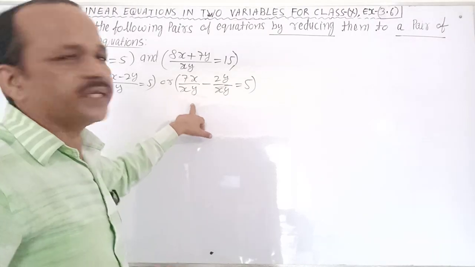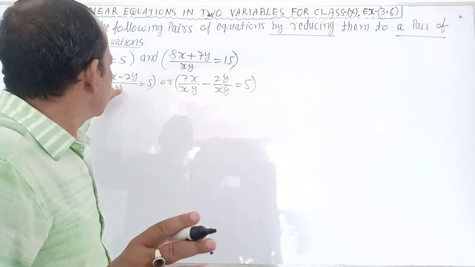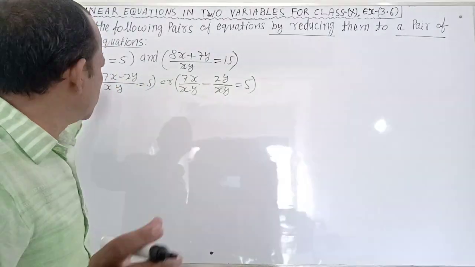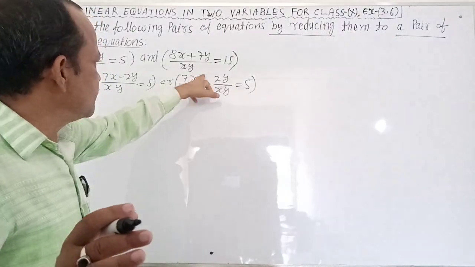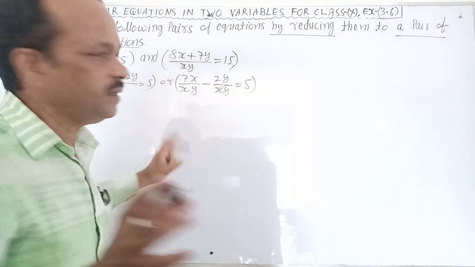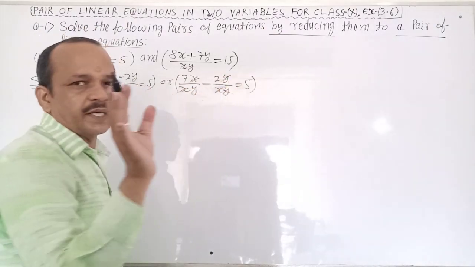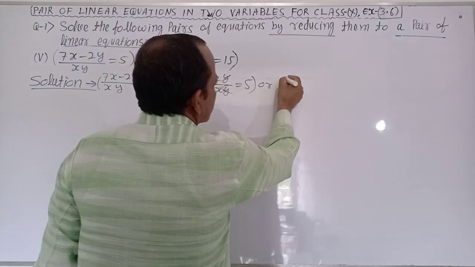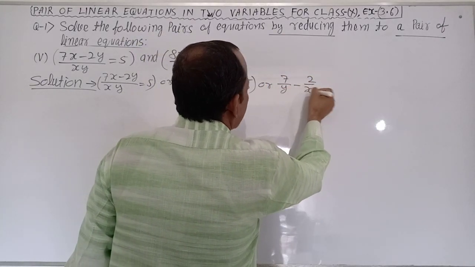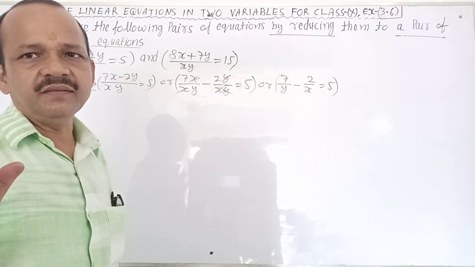Here xy is common on both 7x and minus 2y, so you separate it. It becomes 7x upon xy minus 2y upon xy equal to 5. Cut it: here x and x, y and y. It becomes 7 by y minus 2 by x equal to 5. Clear?